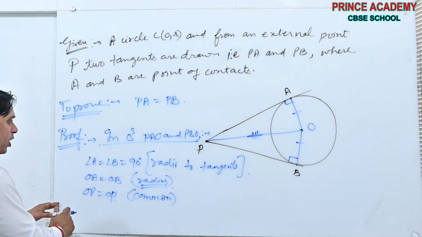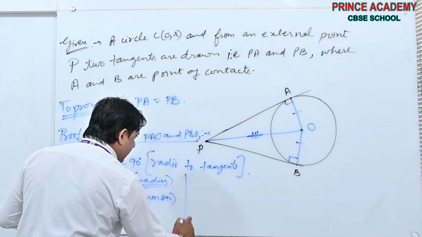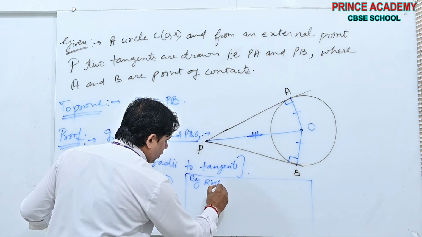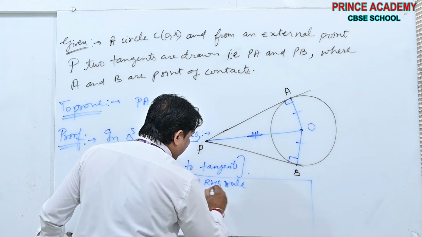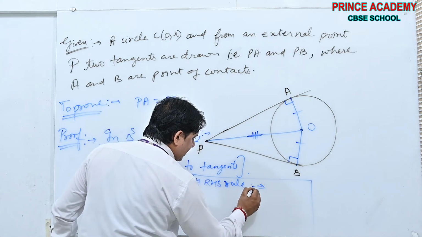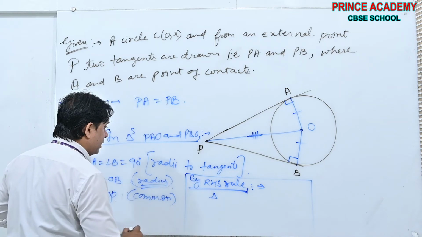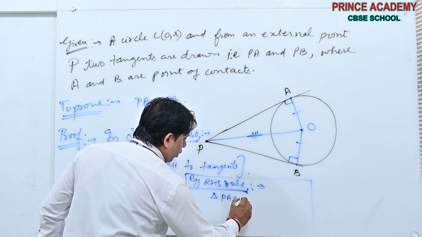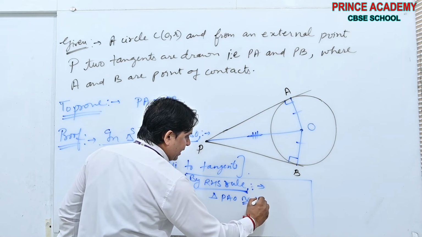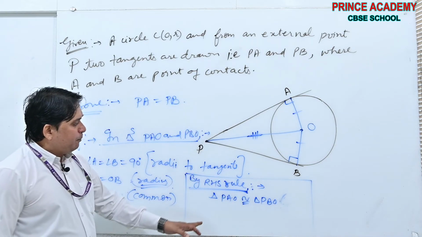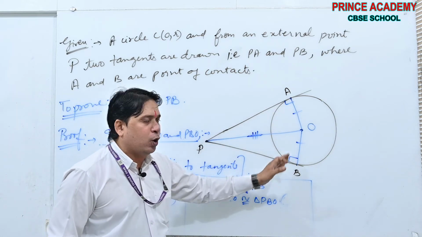Okay, therefore, I am writing here beta, by RHS rule, what can I say? By RHS rule, triangle PAO is congruent to triangle PBO.